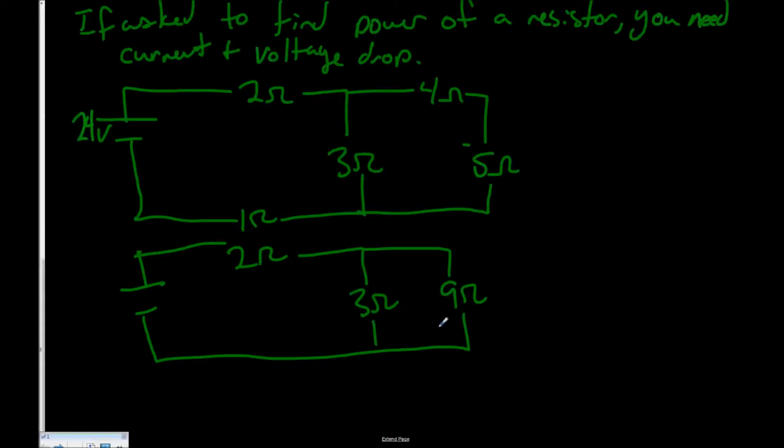Okay, so there's step 1. Then this section, right? Oh, I forgot the 1 ohm. Put him in over here. This section is now in parallel with itself, or with each other. Sorry, the 3 and the 9 are in parallel with each other. So we'll find that. Just do some calculator work.